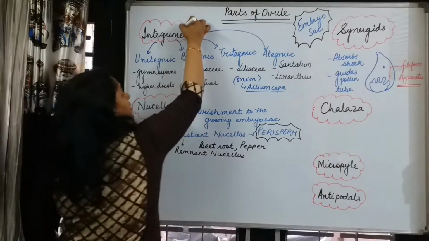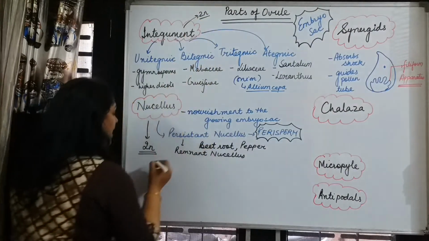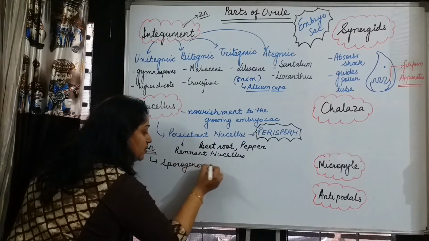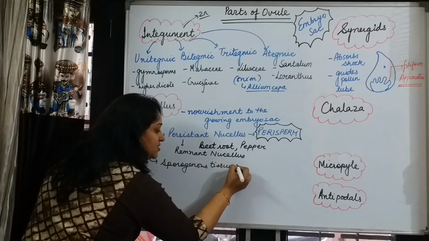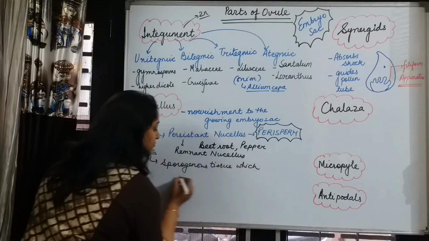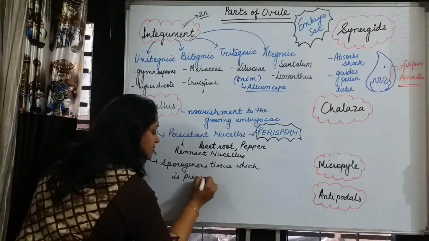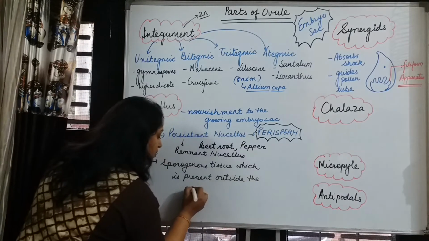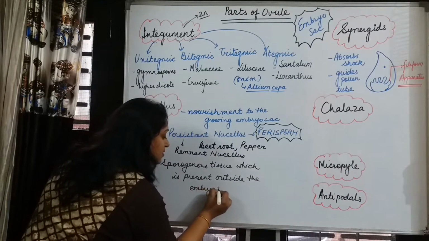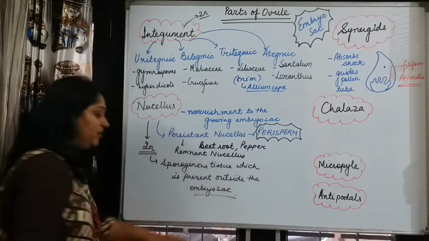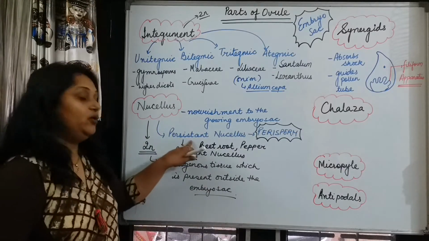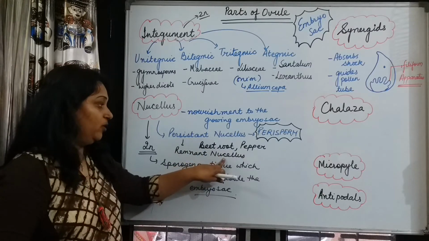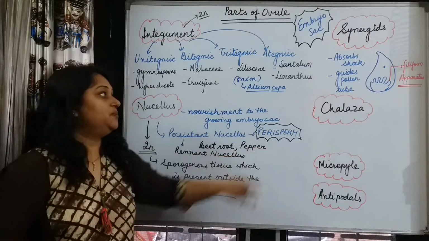We know that integument is also a diploid structure, and this is actually a sporogenous tissue which is present outside the embryo sac. It helps the embryo sac development, but I told you in many cases it remains there. It remains as a remnant nucellus, which is called perisperm.